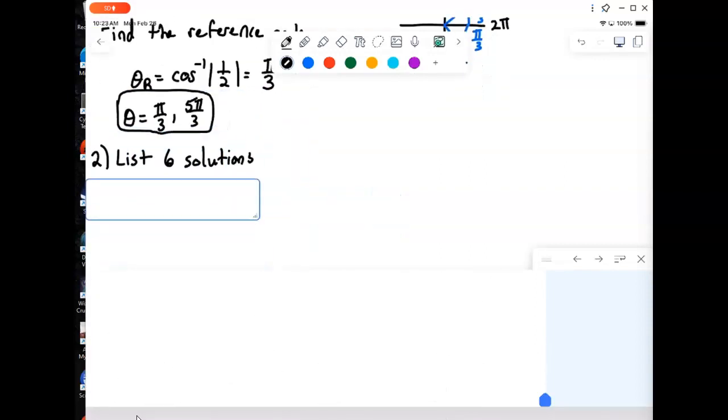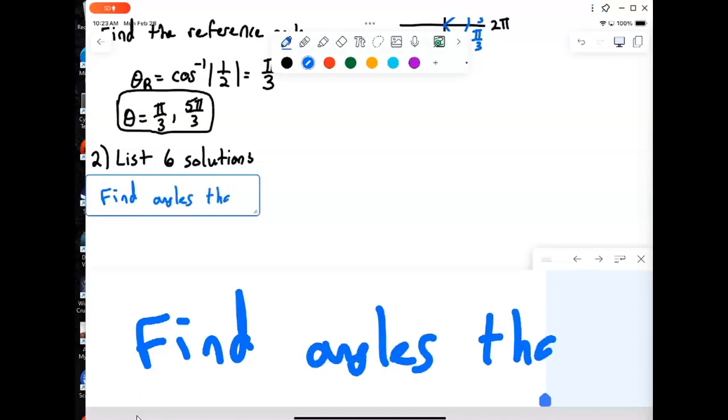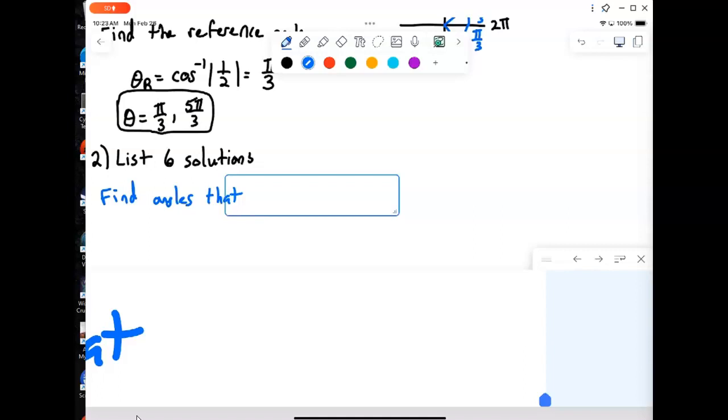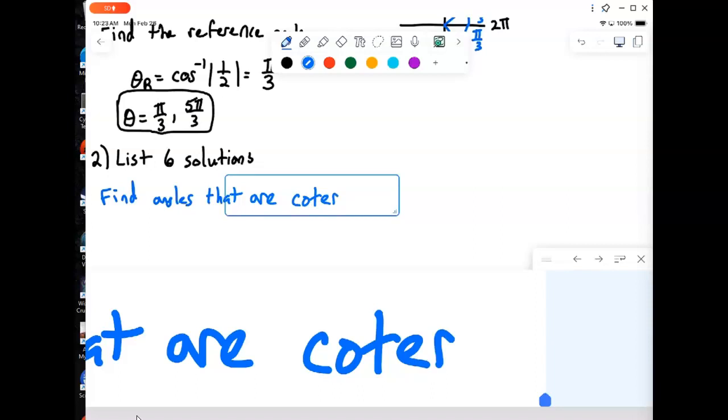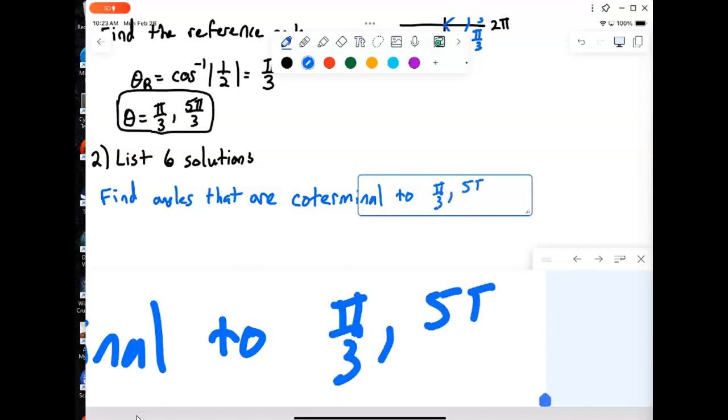To list out additional answers, we find angles that are coterminal to pi over 3 and 5 pi over 3.